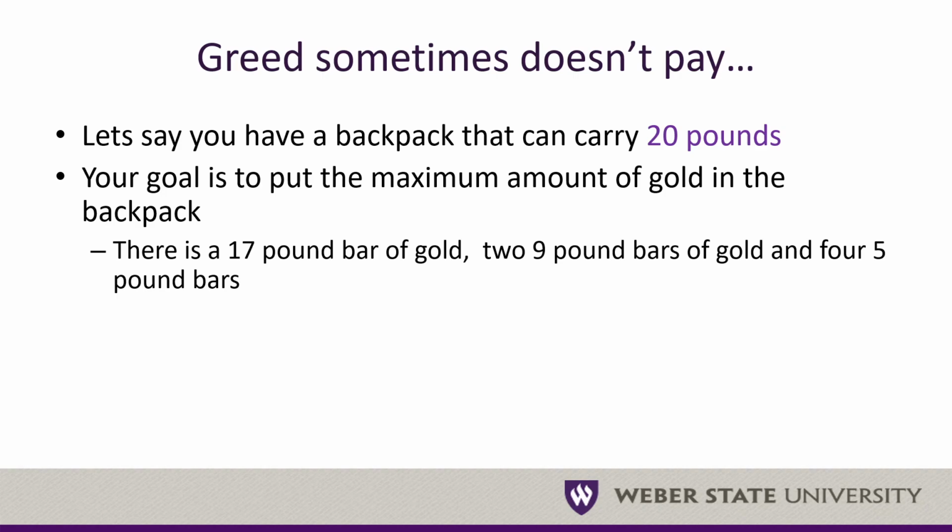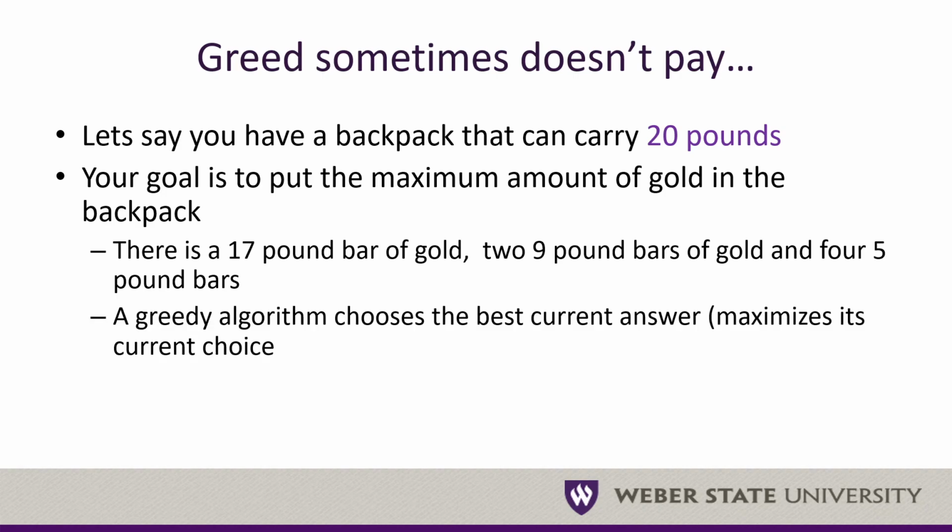At that point, we maximize, it's what's called maximizing the current choice, or choosing the local max. So what would we do? Which one would give us the most bang for the buck on the first bar? 17 pounds, 9 pounds, or 5 pounds.